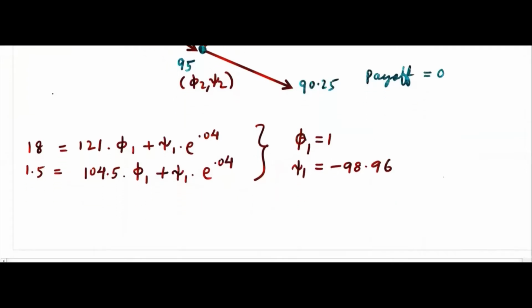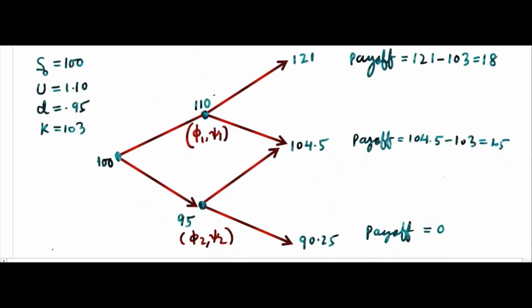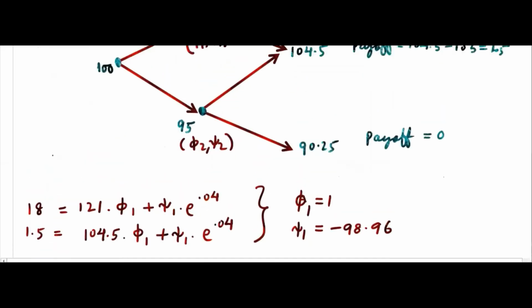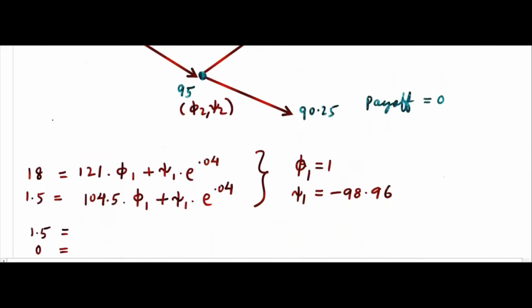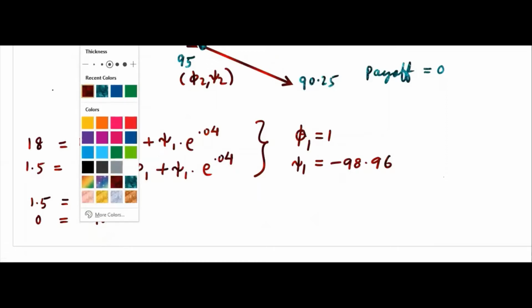Similarly, we will write two equations for the down one. 1.5 and 0, and I have to write 104.5, 90.25. See, you are not supposed to do this because in the question they said you have to find it this way.